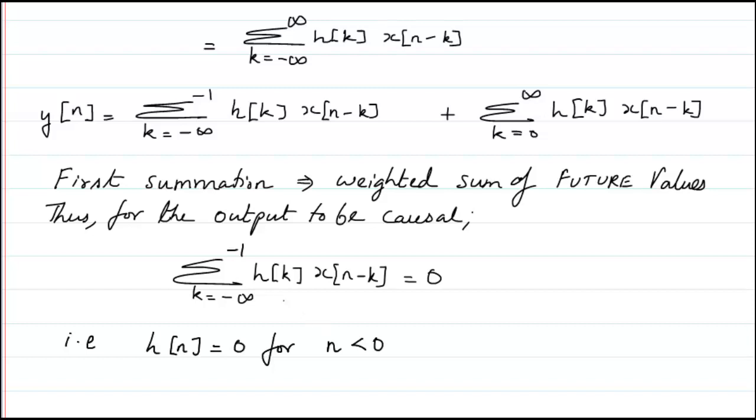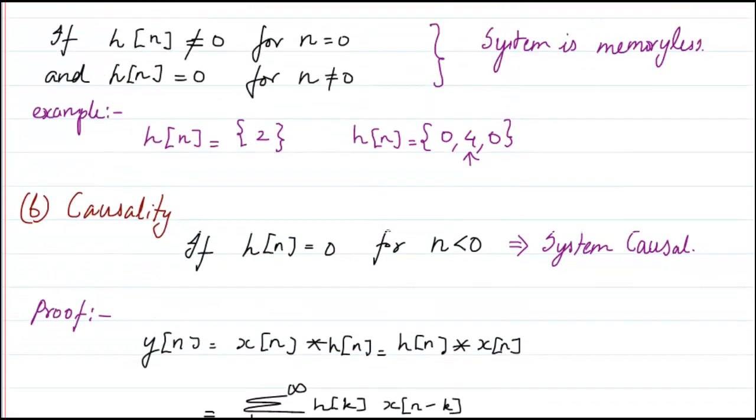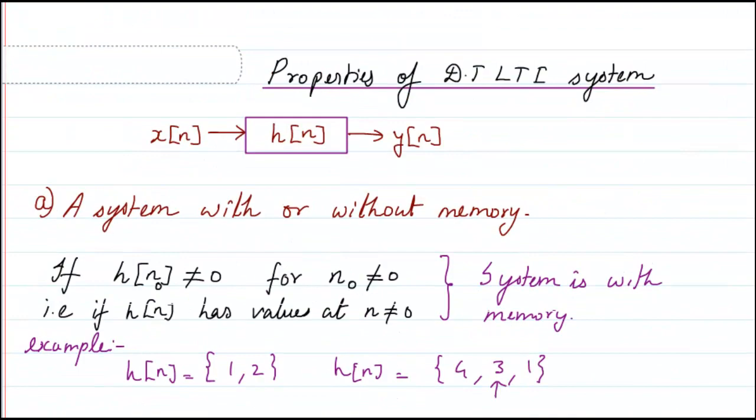That's what we can see here, isn't it? The k value is going to be all negative. That is what we have written. h of n should be 0 for all the values of n less than 0. So this is the causality property of the DT LTI system.